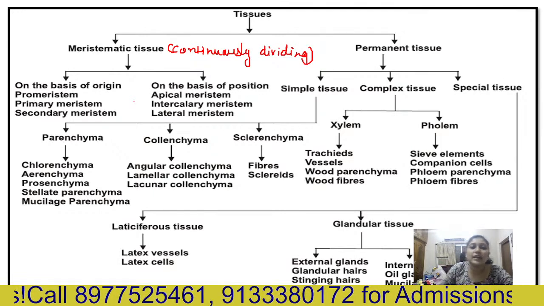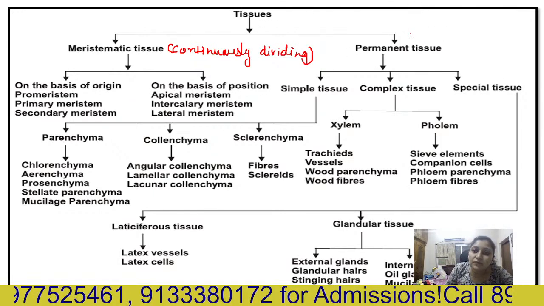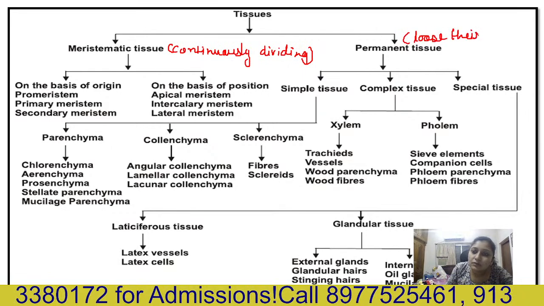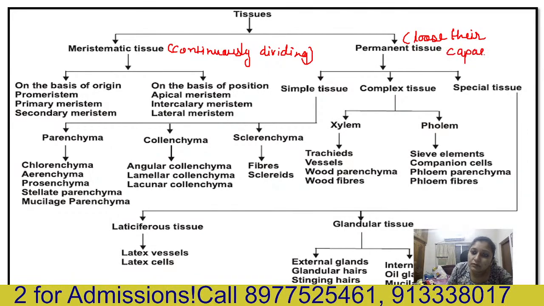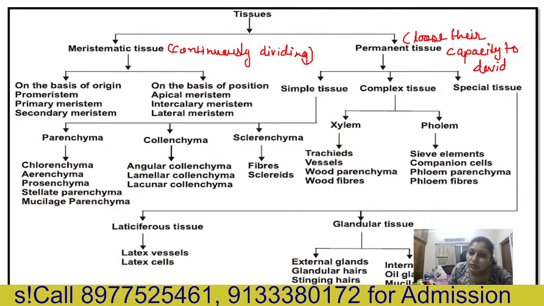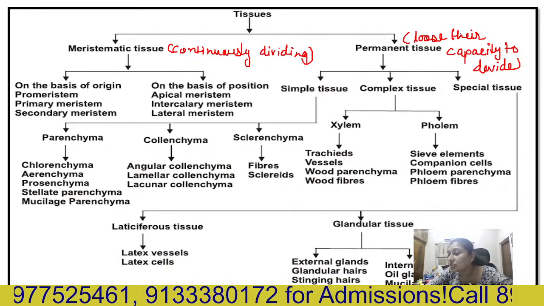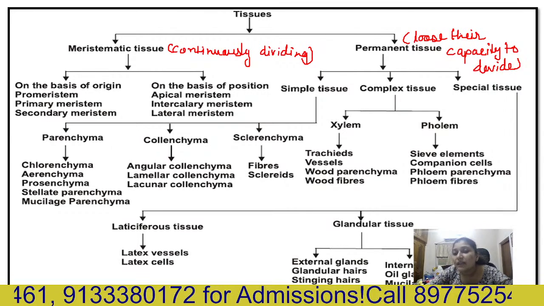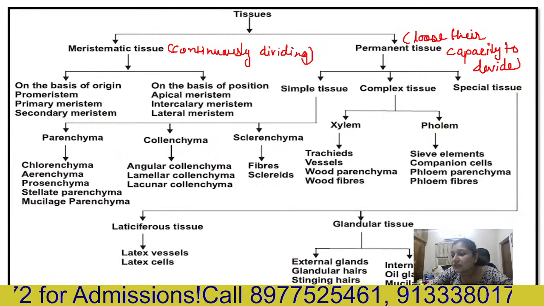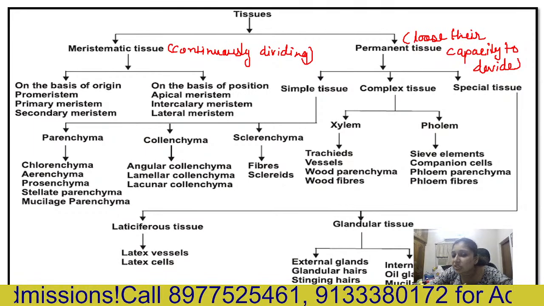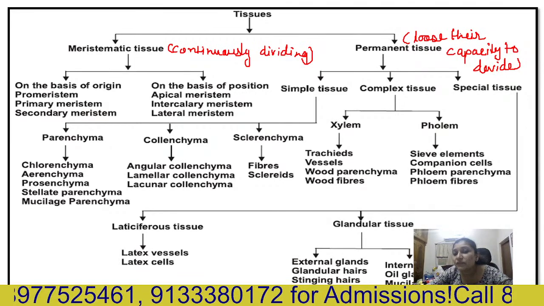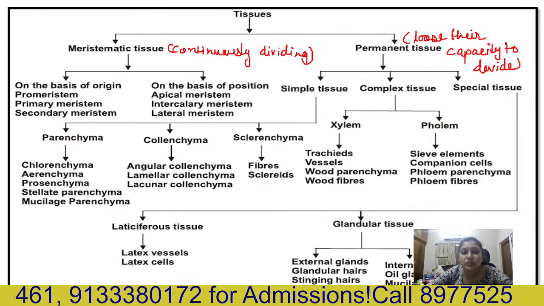And permanent tissue means they lose their capacity to divide further. These cells come from the meristematic tissue only, but they have lost their capacity to divide further. They become mature. There is specialization in their structure according to their function. You can say differentiation has started. That is known as permanent tissue.